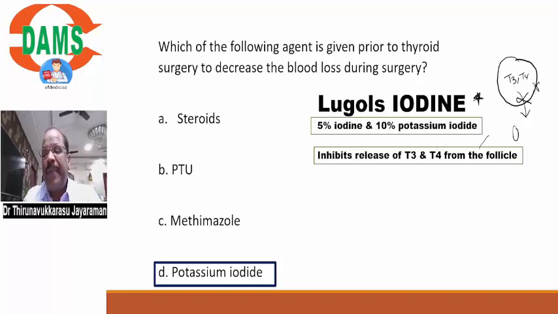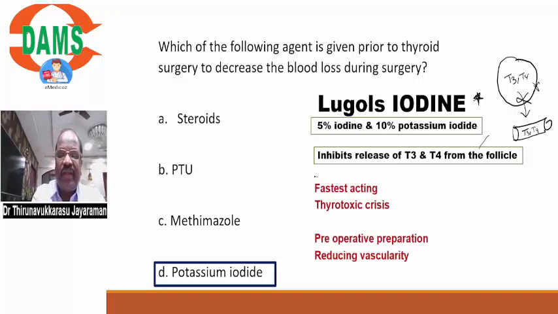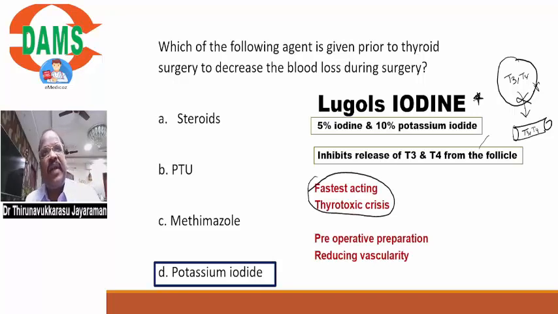That means it rapidly decreases the plasma level of T3, T4. So the fastest acting anti-thyroid drug is Lugol's iodine, preferred in hyperthyroid crisis cases. Another great advantage is that it is useful for pre-operative preparation, where it reduces the vascularity of the gland, so it is easy for the surgeon to operate with less bleeding. This is straight to the point.